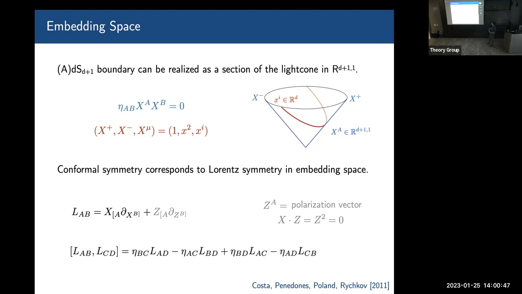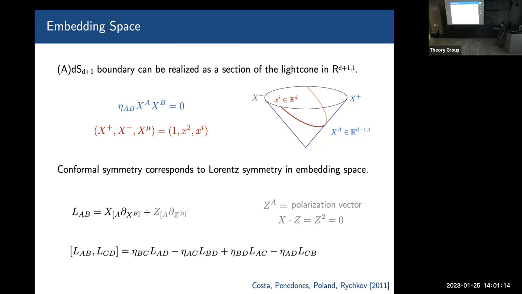One of the nice things about using this embedding space formalism is that by going to this flat space in higher dimensions, you can now translate conformal symmetry, which acts non-linearly on the boundary coordinates, to Lorentz symmetry that acts linearly on this embedding space. So the constraint of conformal symmetry becomes much simpler to impose in this embedding space.